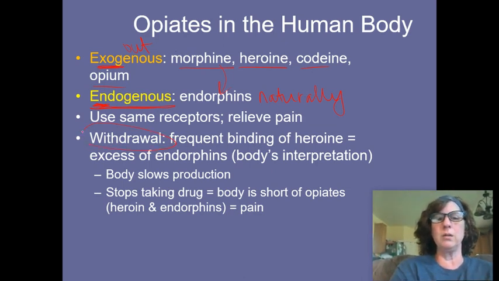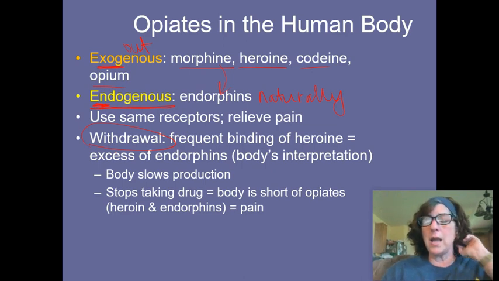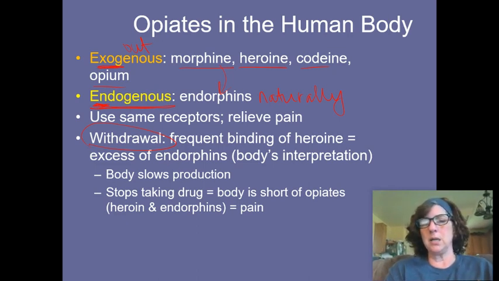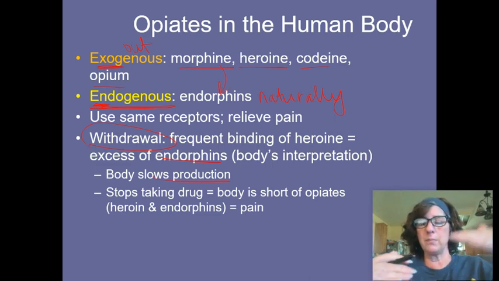And what you feel is what we call withdrawals, extreme, excruciating pain, and this need for something to relieve that pain. And that's why it becomes such a problem, because without your own endorphins and without the exogenous, your interpretation is a lot of pain because you have not produced your own anymore. And it's going to take a while to get back through that and get to that production again.